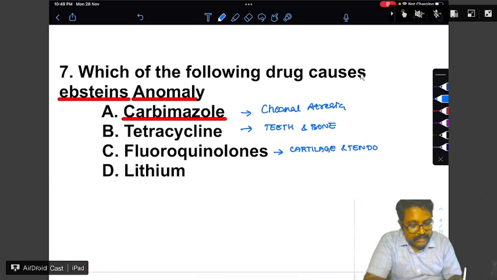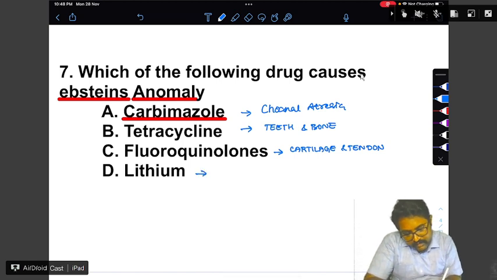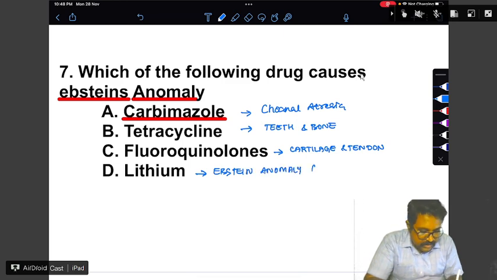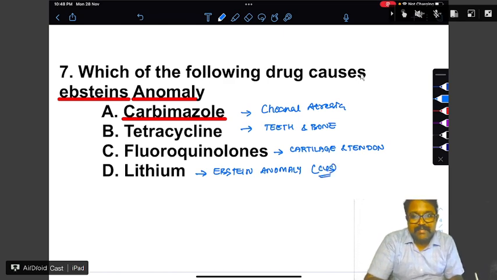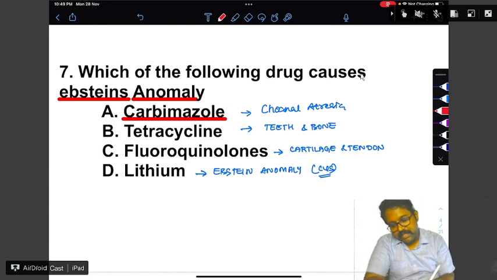It is lithium which will cause Ebstein anomaly, which is basically a cardiovascular defect. So the answer here will be lithium.